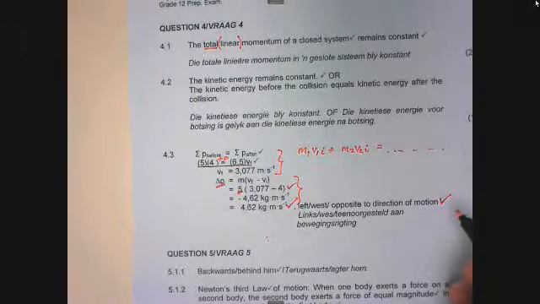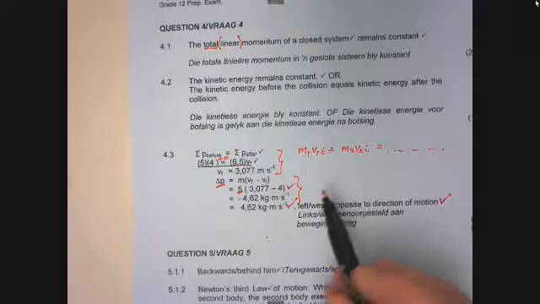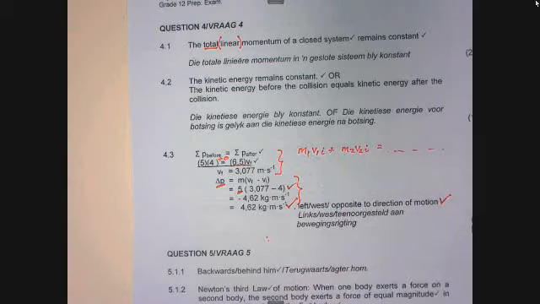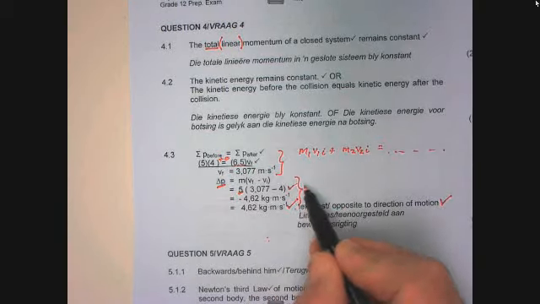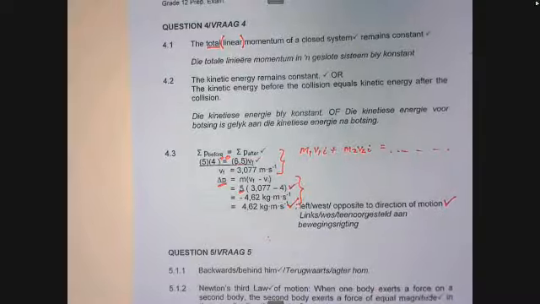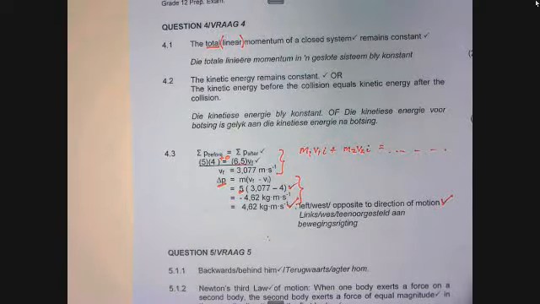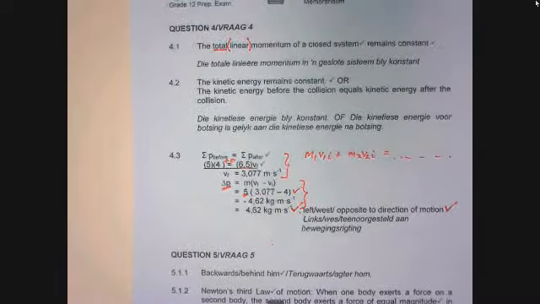That makes 5 marks in total, and I hope the learners were also able to get to the second part of the calculation. Right, that is the question on momentum.